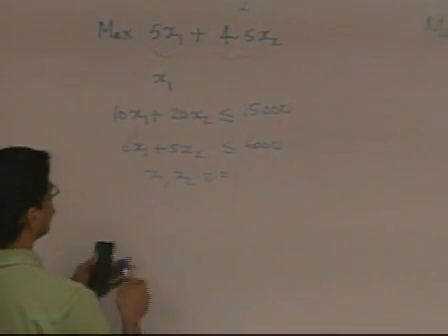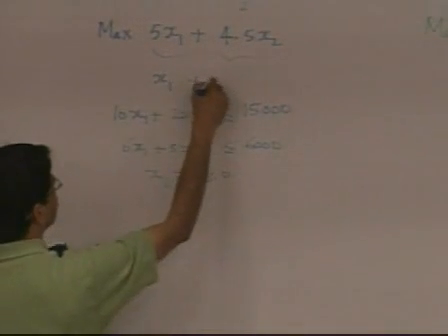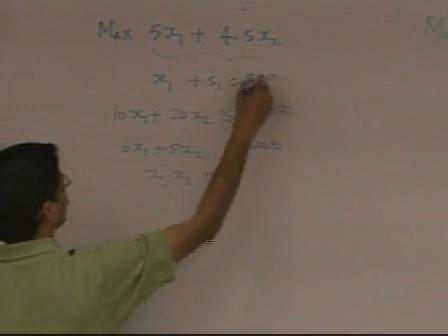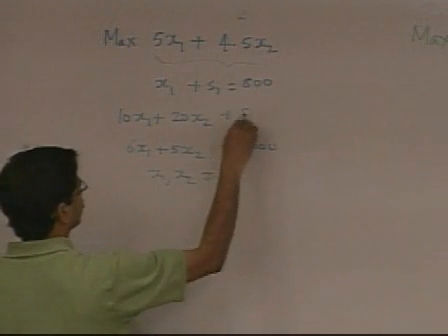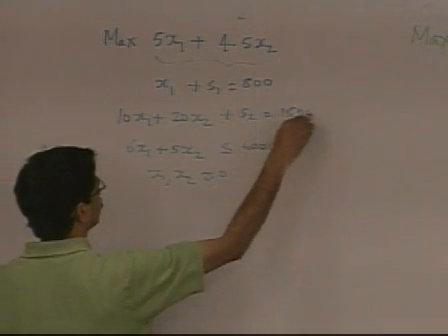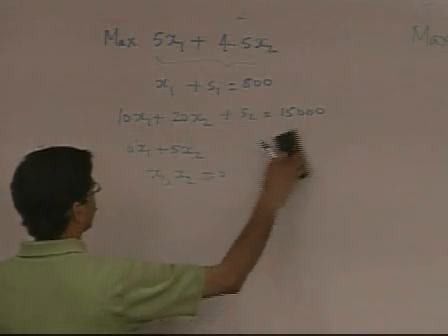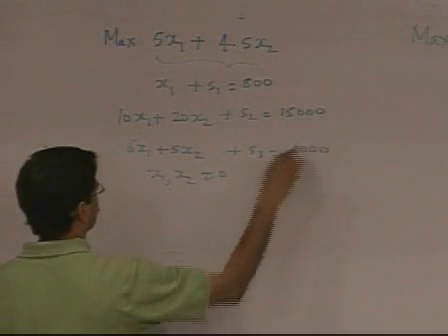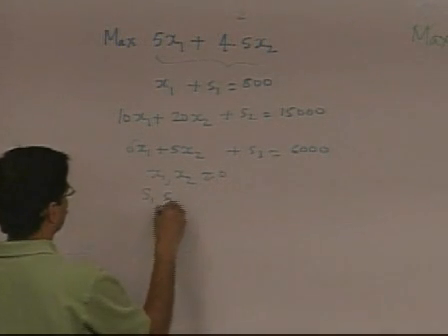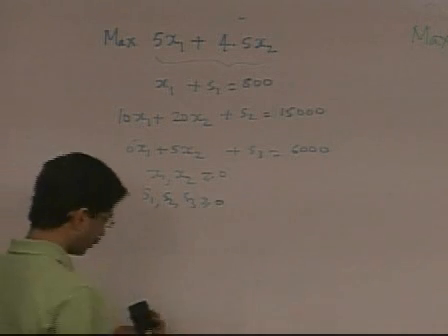So I would say x1 plus s1 is 800, plus S2 is 15,000, and plus S3 is 6,000. Okay.